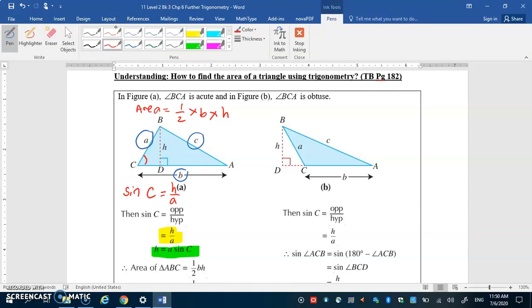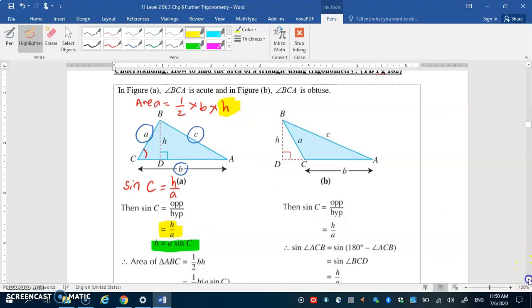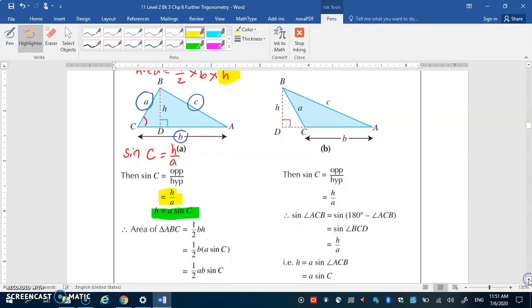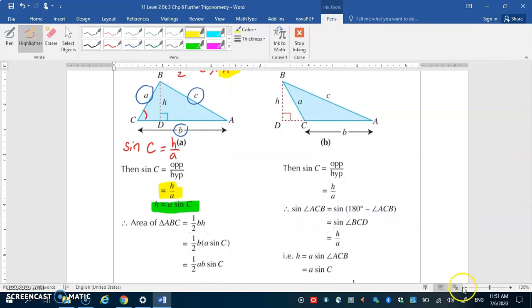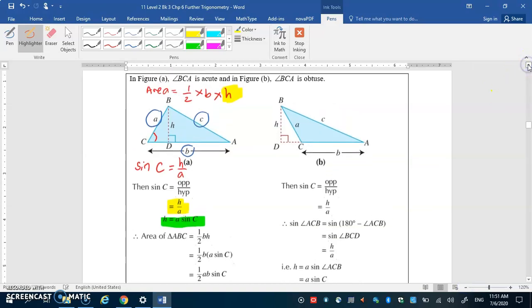So H is equals to A sine C. So basically, if I substitute the H over here in half times base times height as A sine C, I will get half times base times A sine C, which brings me to the formula half AB sine C. Okay, so the area of triangle in terms of a trigonometric ratio, right, it will be half times side A times side B times sine of the angle in the middle of the 2 sides, half AB sine C.